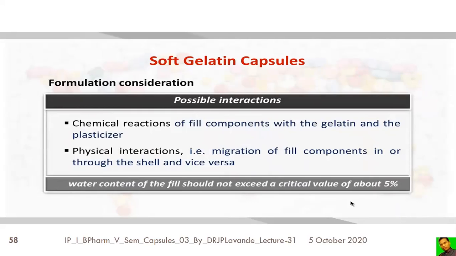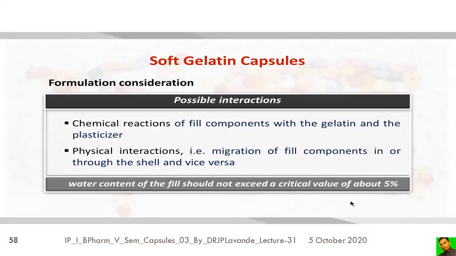The physical interaction involves the migration of the fill component in or out through the shell and vice versa. The inside fill material may come out, or sometimes the components from the shell material may dissolve into the fill material.